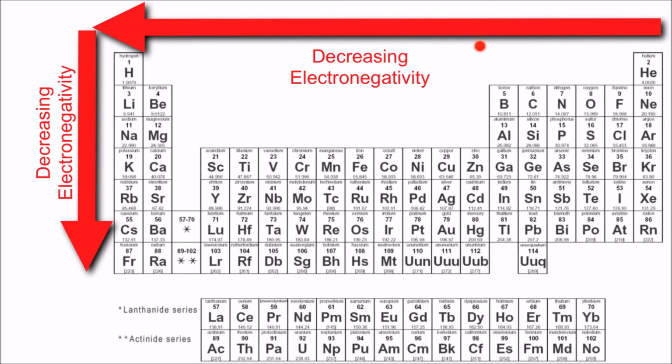And then if we move from right to left, we have decreasing electronegativity because there are fewer and fewer protons. That means less positive charge to attract those electrons with. If you need the trend for increasing electronegativity, you just flip the arrows and draw up and from left to right. So how do you keep all this straight in your mind?